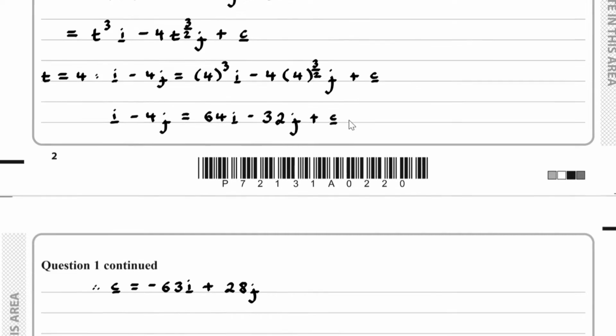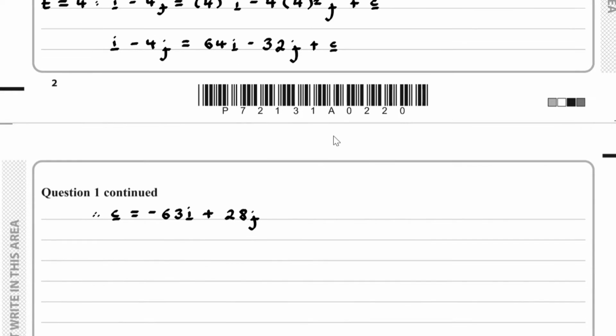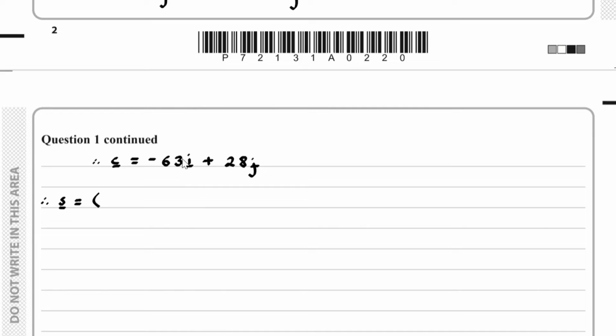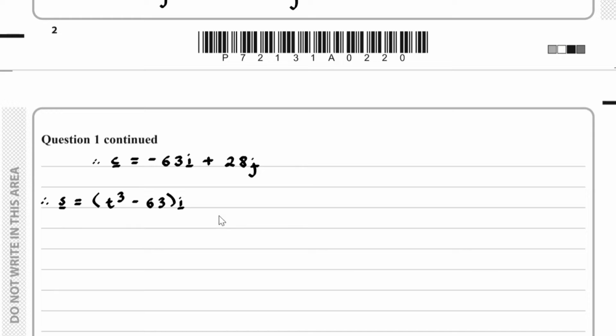And knowing what c is, we can therefore conclude that s is equal to, in terms of the i's, t cubed subtract 63, and in terms of the j's, negative 4t to the 3/2 plus 28.